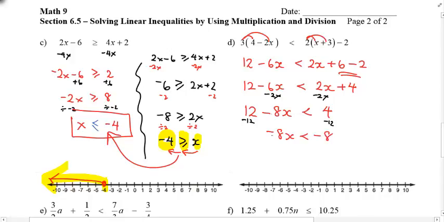And then finally, to solve for x, I'm going to divide everything by negative 8. So x now, and whoops, dividing by a negative, switch the sign, greater than 1. And therefore an open dot at 1 all the way to the right. Once again here, I switched the sign because I'm dividing by a negative number.